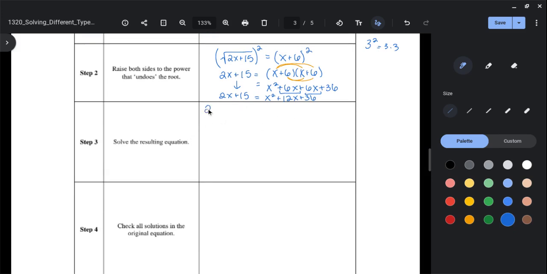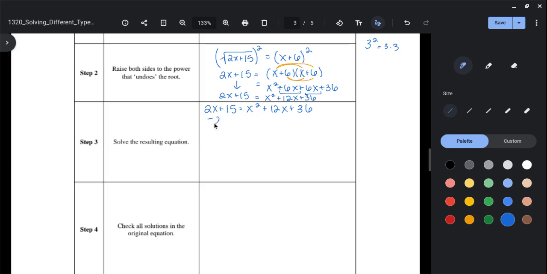So our polynomial equation here is 2x plus 15 equals x squared plus 12x plus 36. So remember, when we solve a polynomial equation, the very first thing we're going to want to do is move all terms on one side of our equal sign to get 0 on the other. I don't want a negative in front of my leading term, so I'm going to move my 2x and my 15 to the right-hand side.